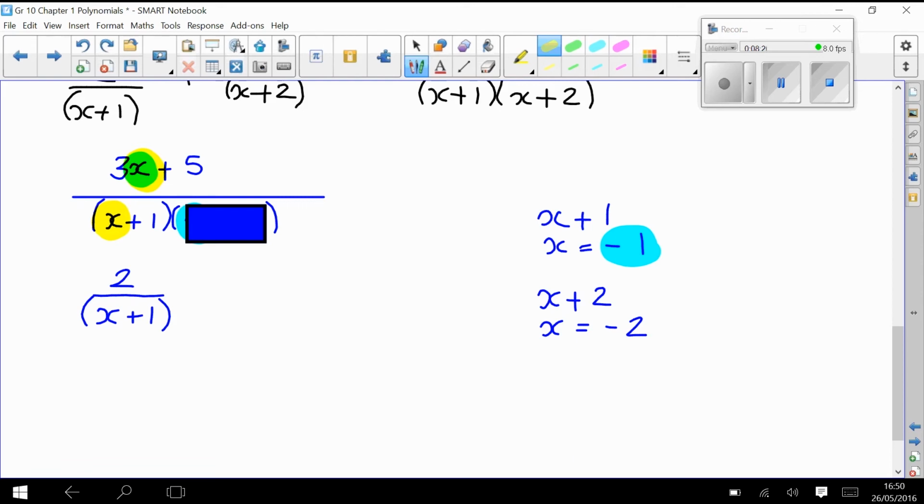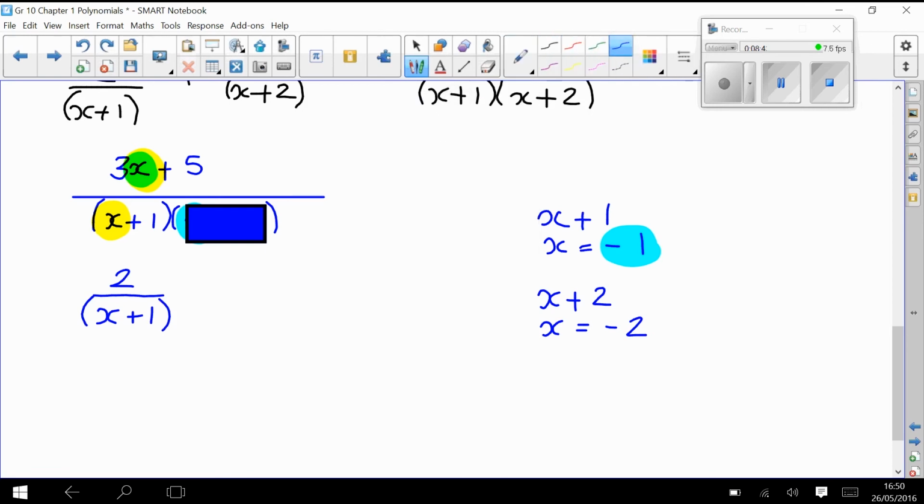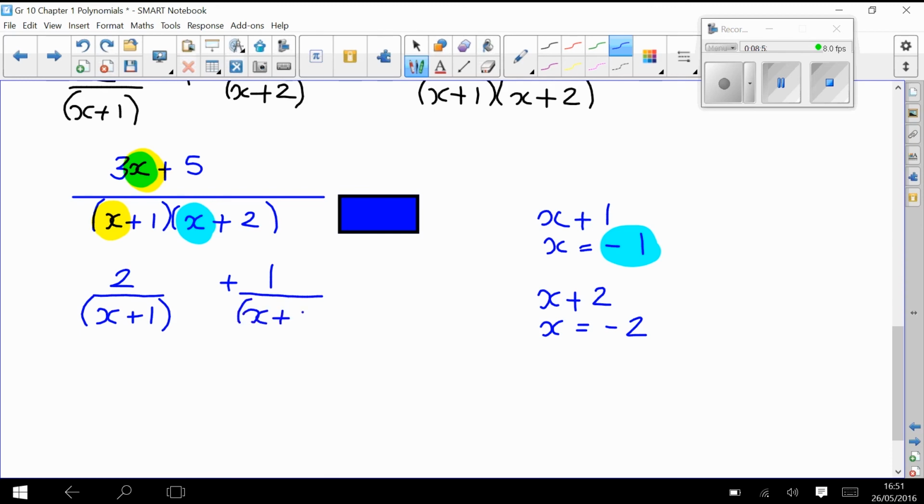What I get as my answer is minus 6 plus 5, minus 1, over minus 2 plus 1, minus 1, and that answer is 1. So clearly the answer that I've got here is going to be plus 1, but this has got to be over the covered up factor, so that is going to be over x plus 2.